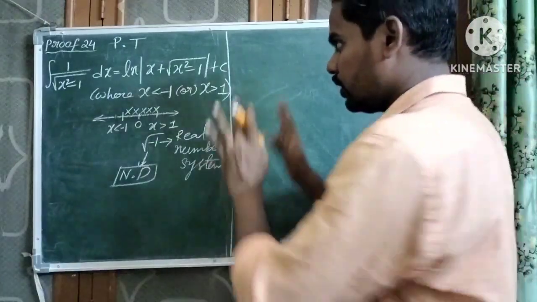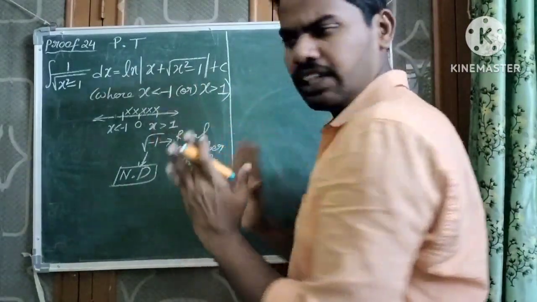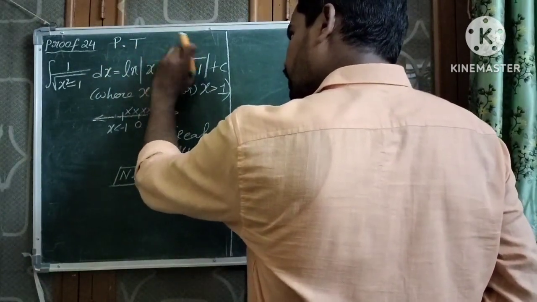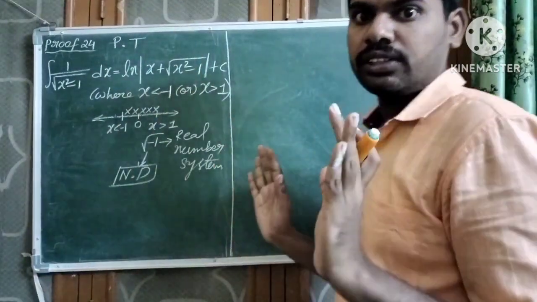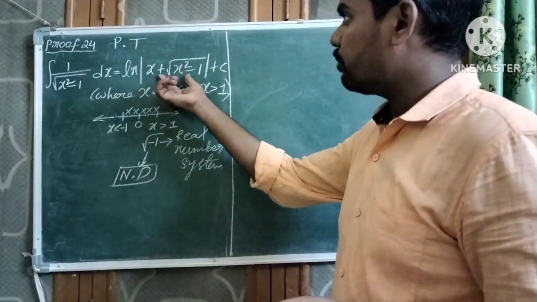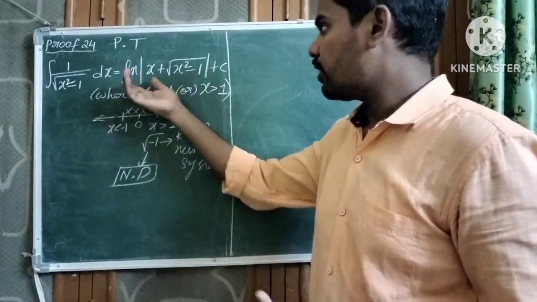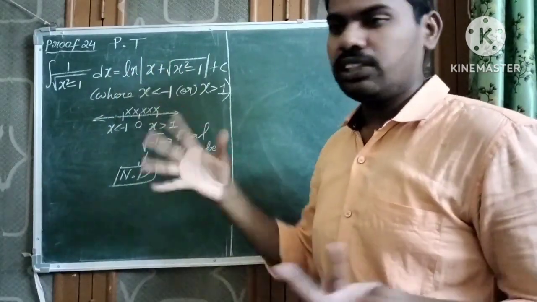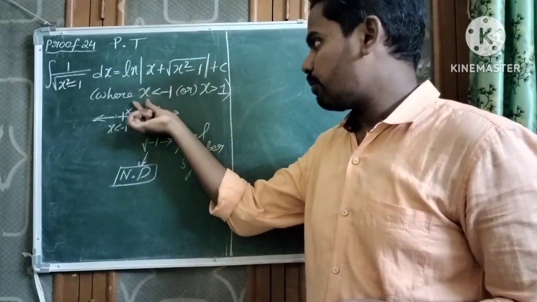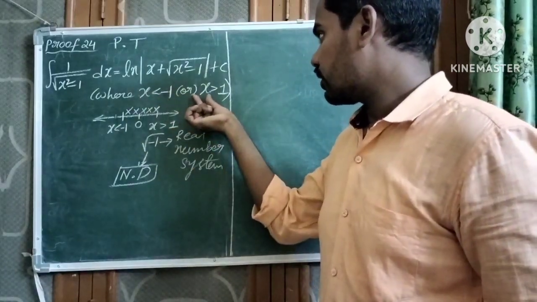Anyhow, if we consider the real number system, the square root of a negative number is not defined. So the square root value is not defined here, and then the logarithm of this function is not defined. So that's why x must be less than minus 1 or greater than 1.